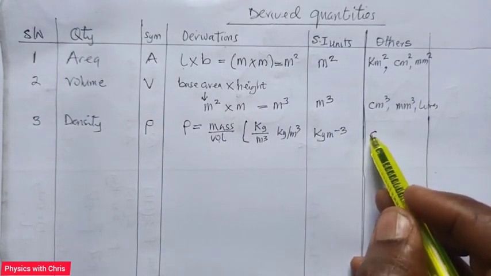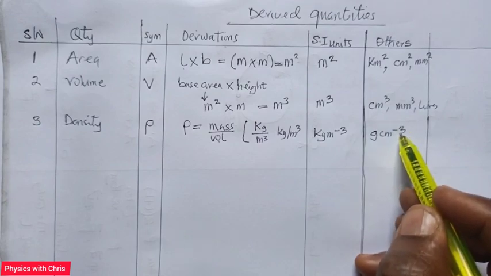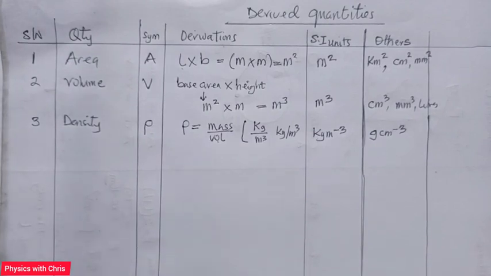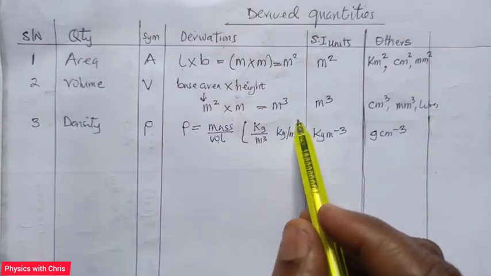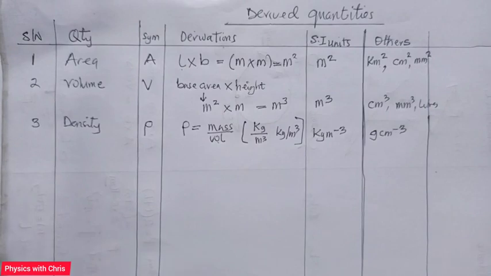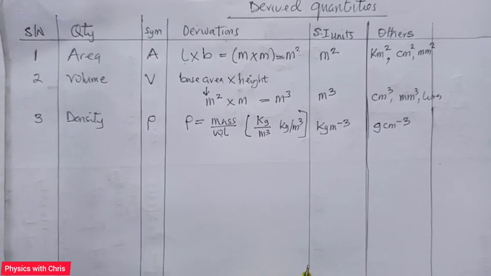You can also express density in grams per cm cubed, an alternate unit for the density of a body. This is very important because sometimes in exams, questions will not even tell you that the parameter stated is density. But when you look at the units of the quantity given, you will know that this is density and nothing else.